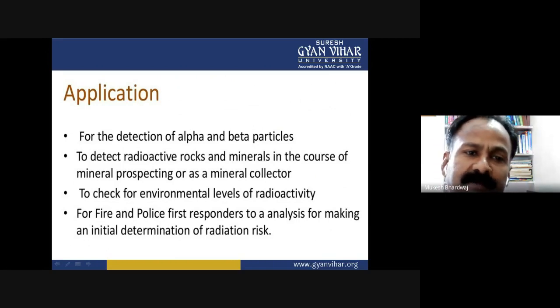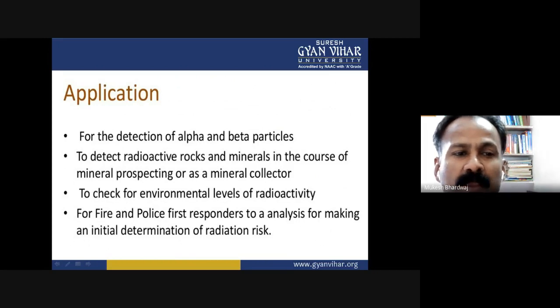And it has a large paralysis time of about 200 to 250 microseconds, which prevents its use at very high counting rates of above 5,000 particles per second. And it cannot provide information regarding the nature of the ionizing particle, whether it is a charged particle or a photon. It cannot detect neutrons, as they do not have ionizing property and hence cannot activate the GM counter.